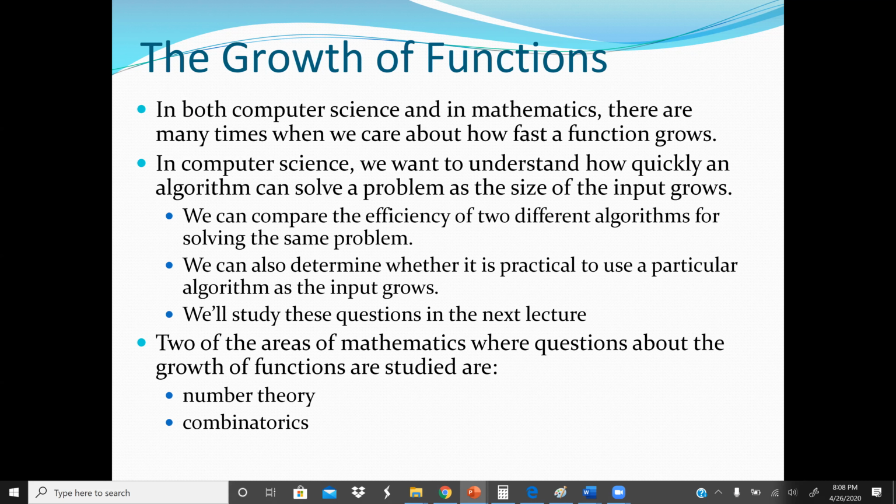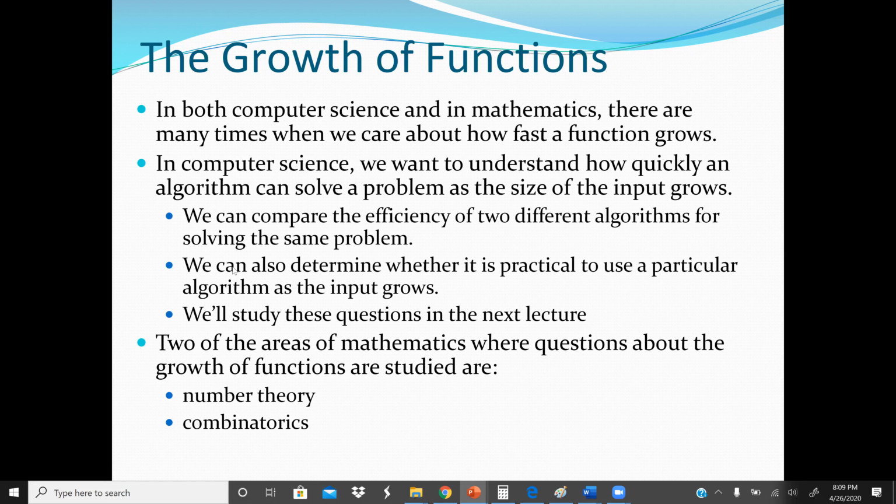So the more comparisons we do, the slower the algorithm is. So the main goal here is to measure the speed or the efficiency of the algorithm. We can also determine whether it is practical to use a particular algorithm as the input grows.